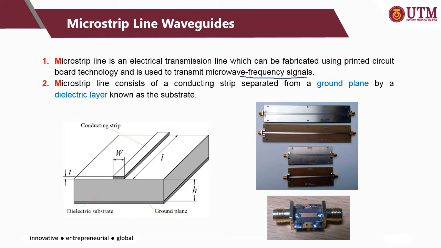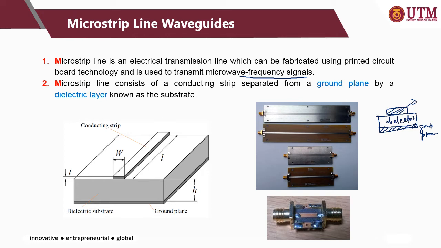The electromagnetic wave or microwave frequency signal is traveling in an inhomogeneous medium. What does it mean? This is the microstrip line. It is separated by a dielectric material and backed with a ground plane. You have a ground plane here, here is your microstrip line, and this is the dielectric material.